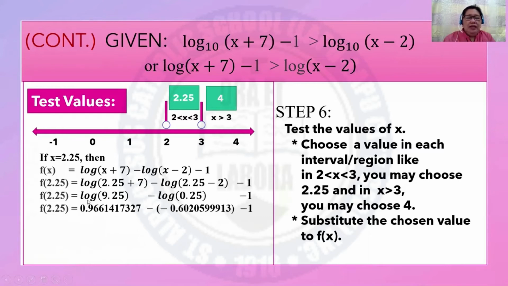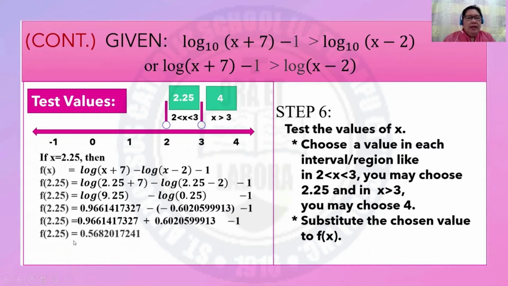Then you can take the log of 9.25, which is equivalent to this value. And then the log of 0.25 is equivalent to this value, minus 1. Then simplify this part. So negative times negative 0.6020599913 will give you a positive 0.6020599913 minus 1.